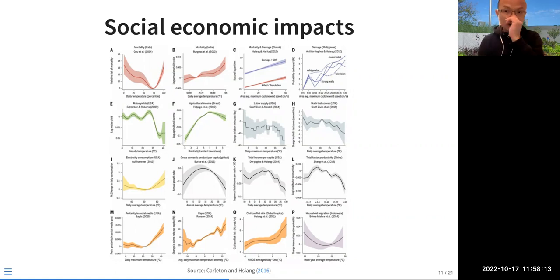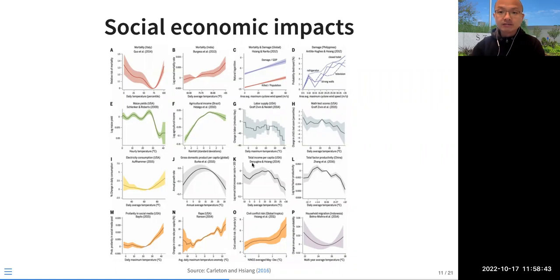As you can see here, climate change might cause mortality, damage to buildings, to infrastructure, to agriculture, for example grain harvest, and labor supply, because human productivity also relates to the temperature.